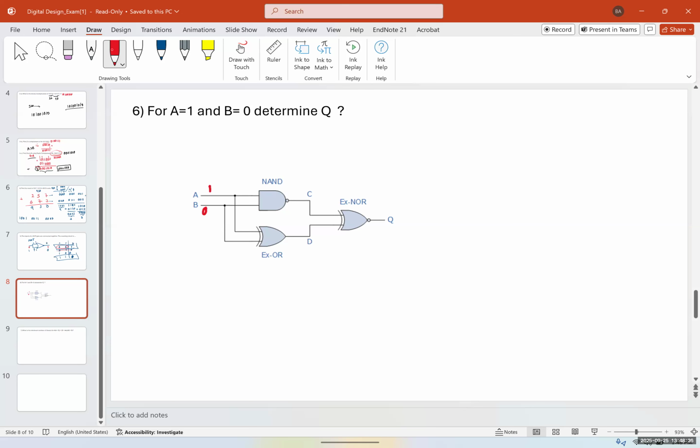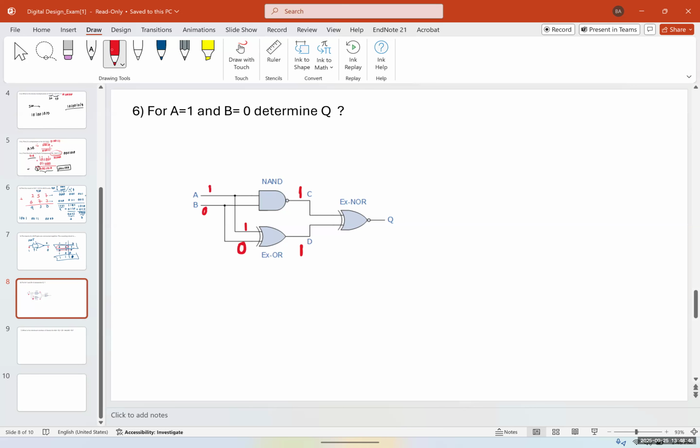Okay, yes. So 1 NAND with a 0 gives us 1. And 1 XOR with 0 gives us what? Gives us 1. Perfect. If they are different, by the way, this is 0. I'm sorry, my zeros sometimes look like 1.